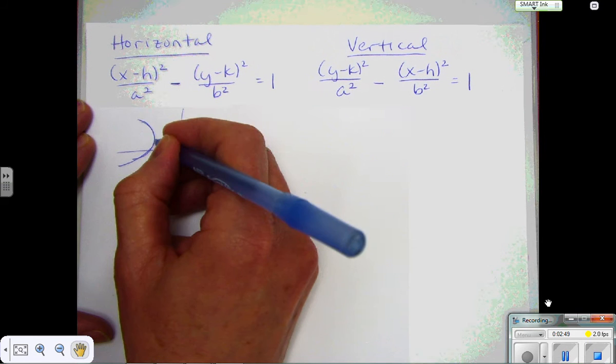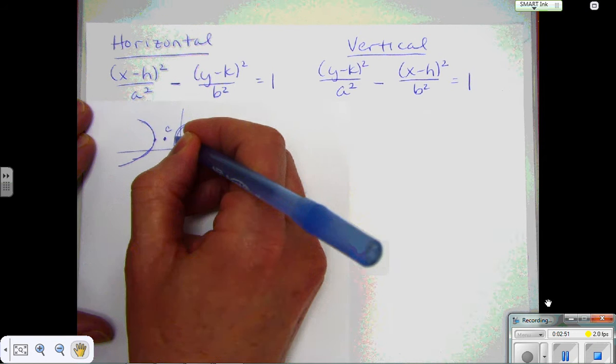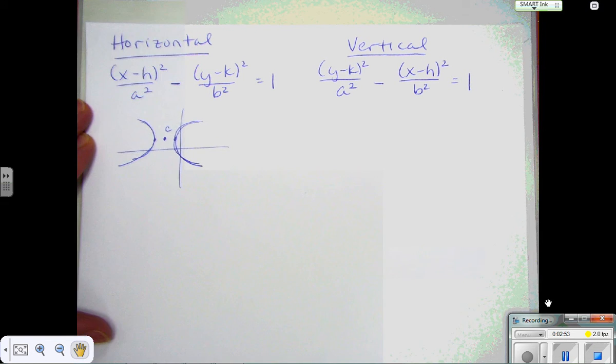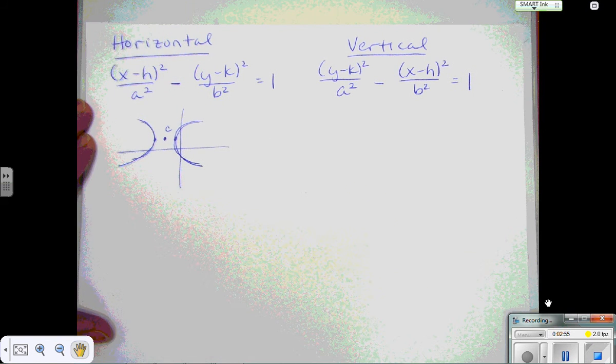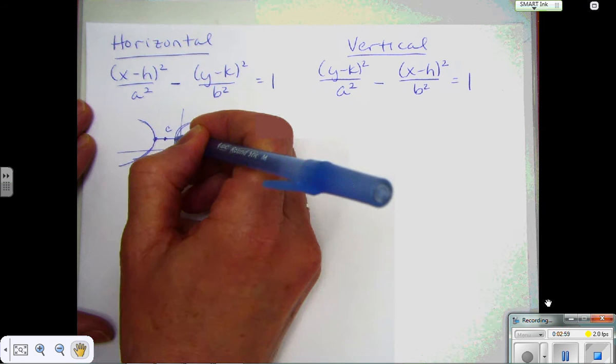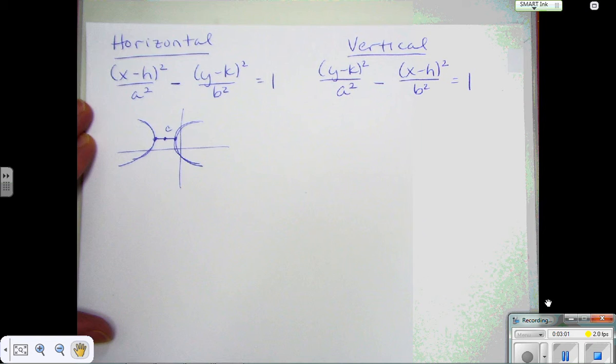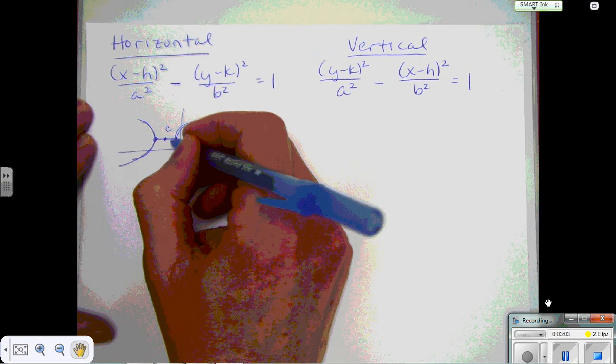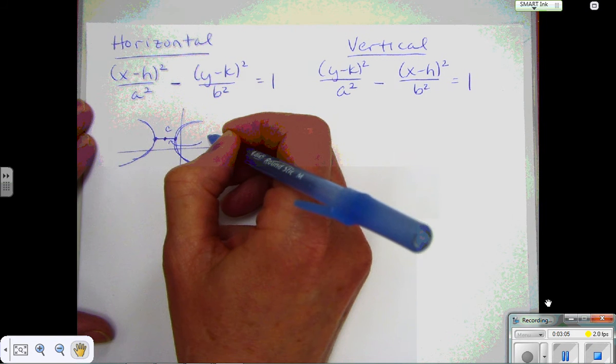It's going to have two vertices. The line that connects the two vertices together is called the transverse axis.